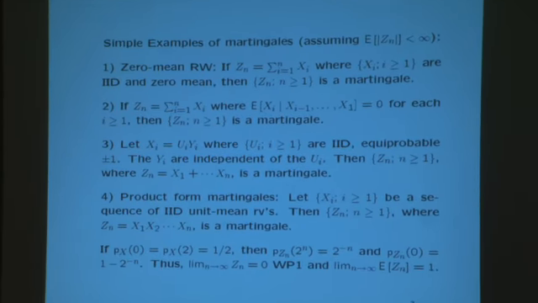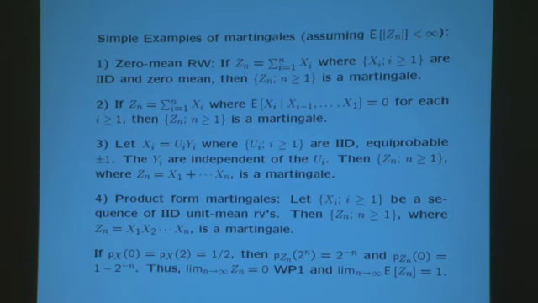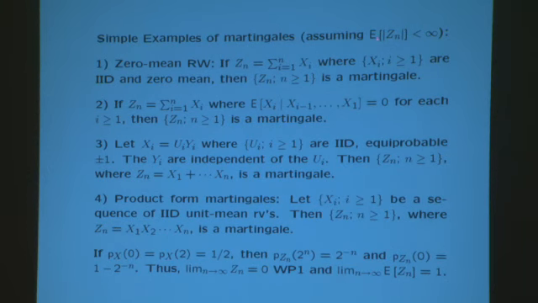Okay, so we talked about a number of simple examples of martingales last time. All of these examples assume that the expected value of the magnitude of z sub n is less than infinity for all n. Remember, this does not mean that the expected value of z sub n is bounded over all n. You can have the expected value of z sub n be 2 to the n.